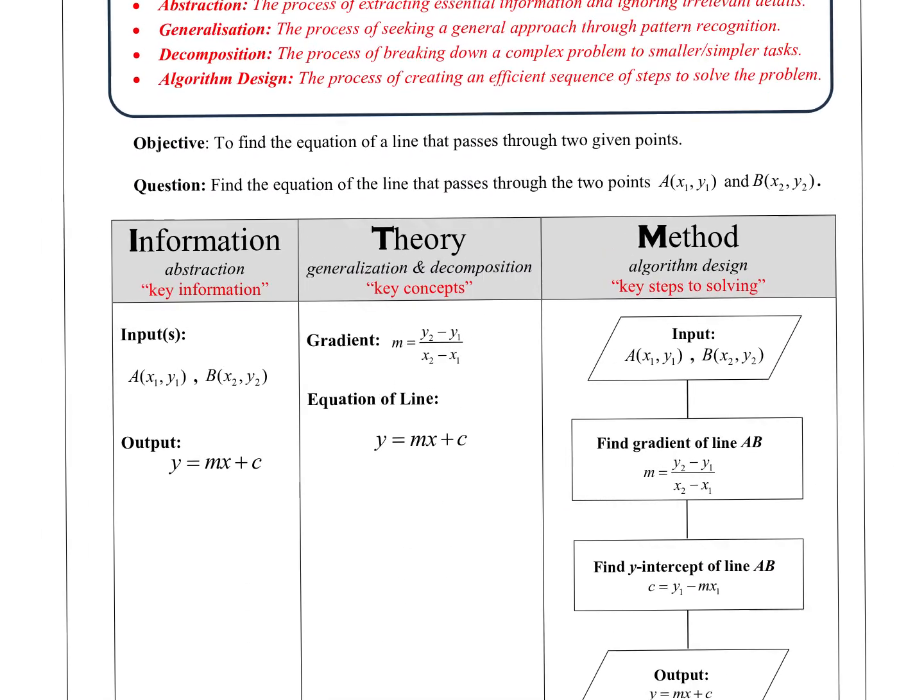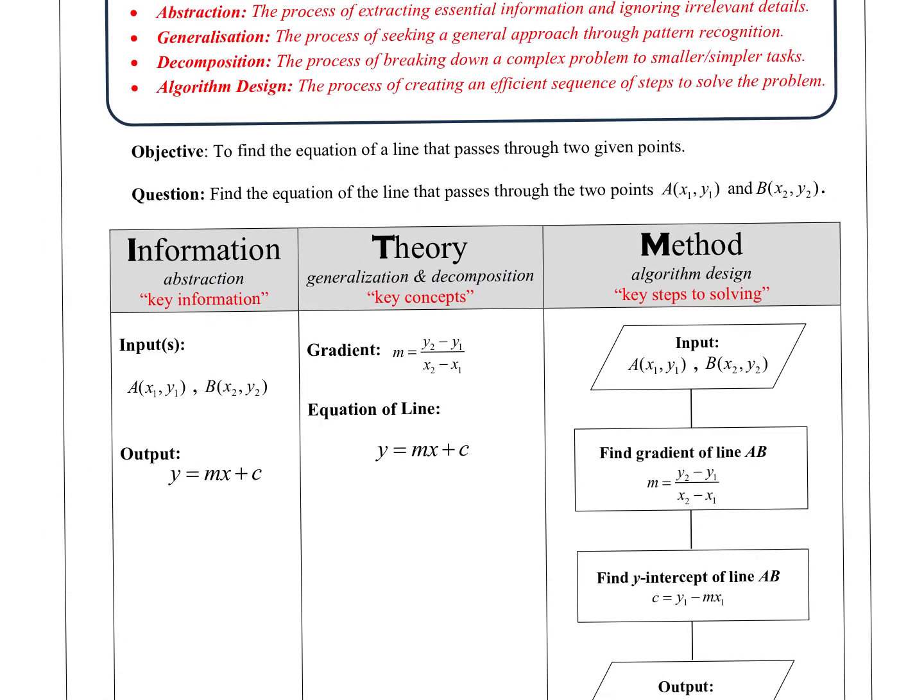So first thing first, how is this applicable to what we are learning? For example, this is my question. I want you to find the equation of the line, and they tell you it passes through 2 points.